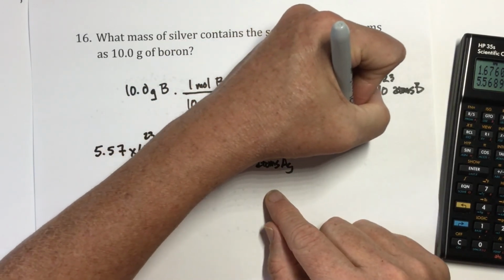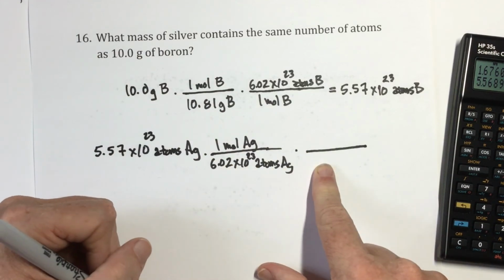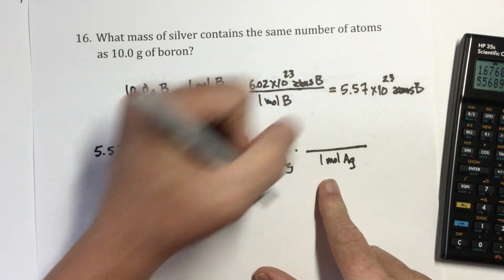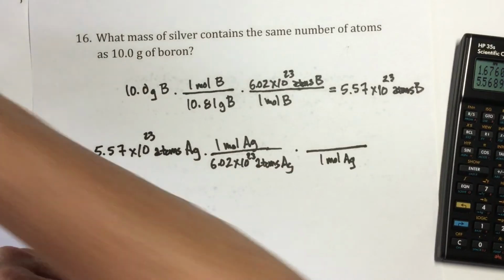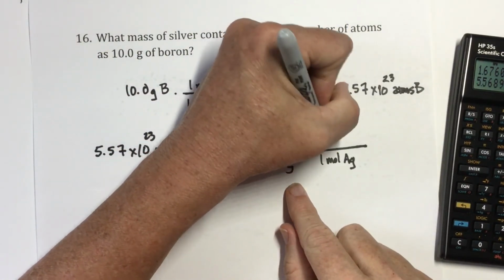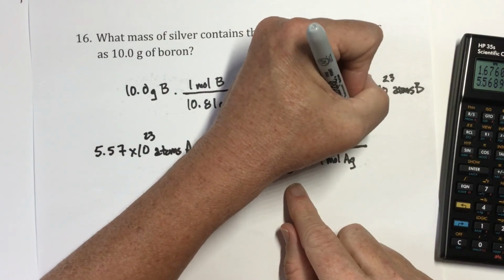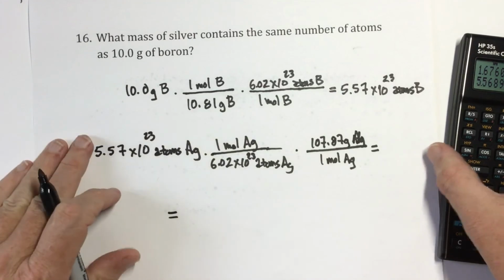And finally, I convert that to grams, and that'll be 1 mole of silver. The atomic mass of silver is 107.87 grams of silver.